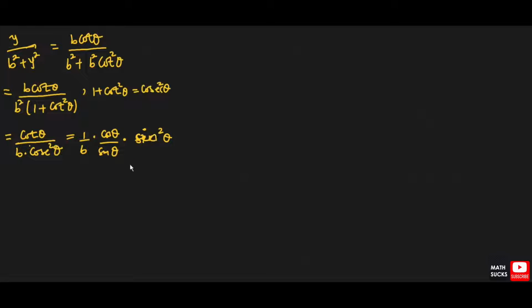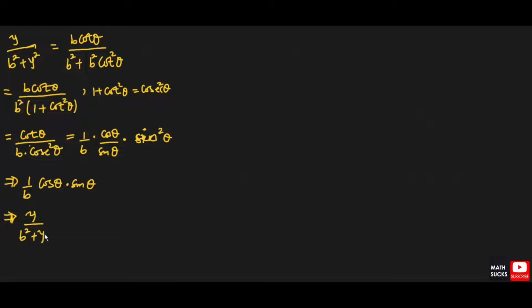Observe that we have sine down here, which can reduce with sine there, so this goes to 1 over b cos of theta times, 1 sine goes with this, and what survives is just sine of theta.